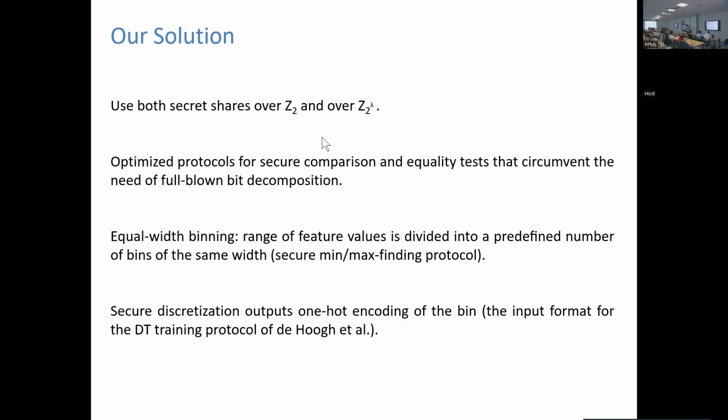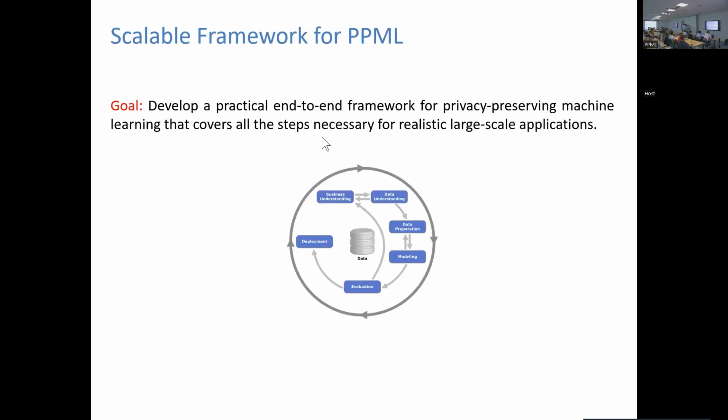Okay, and for the secure discretization, the solution that we have there, we use a one-hot encoding of the bin, and then we can run the whole protocol. If you're interested in the details, please take a look at the PETS paper, and we can do the sampling in a completely privacy-preserving way.